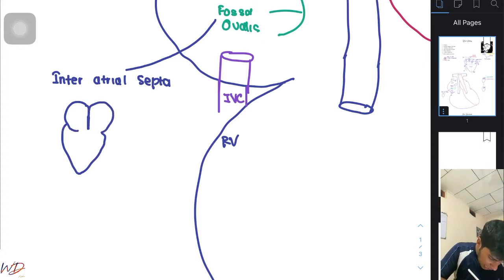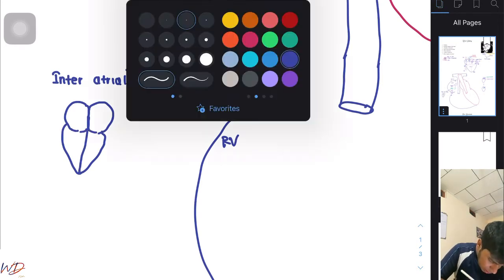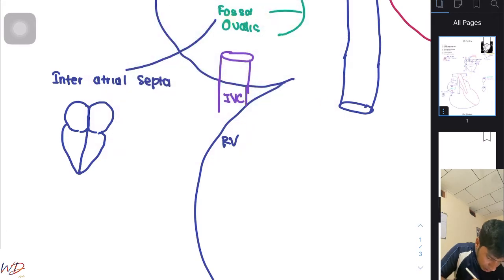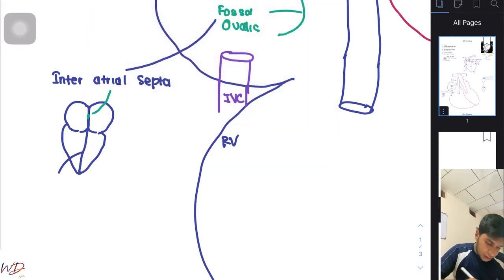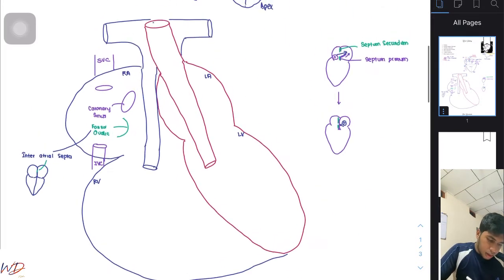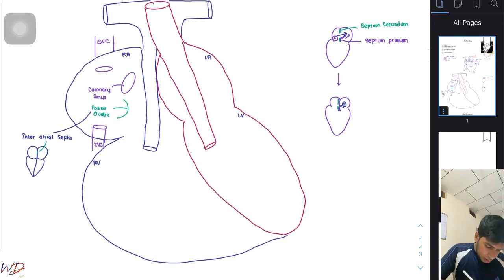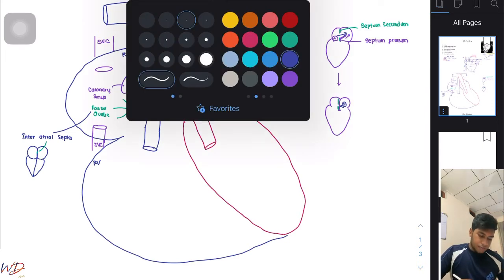What does interatrial septa mean? As the name says, it is the septa between the two atria. This is where the fossa ovalis will be found. So what is this region then? This is called the interventricular septa.